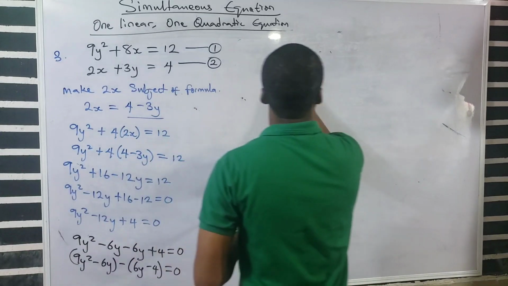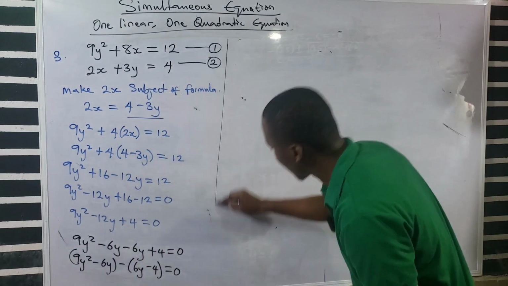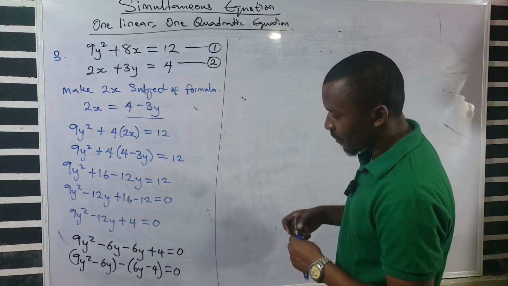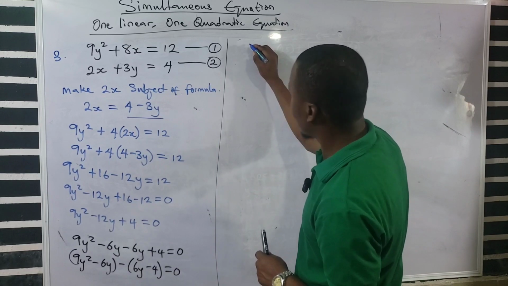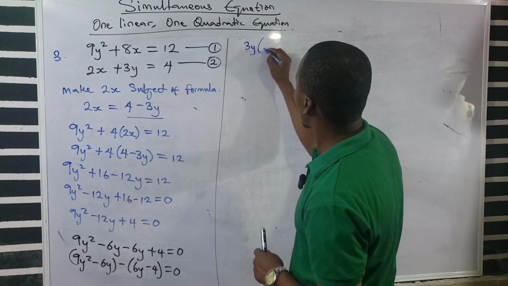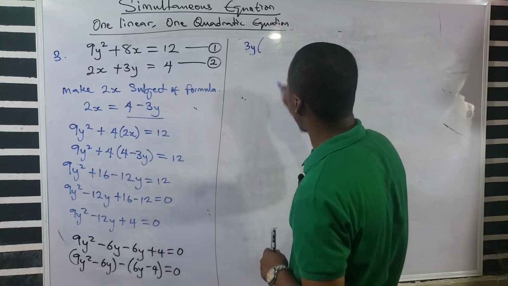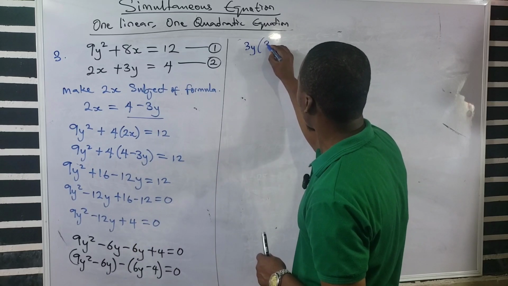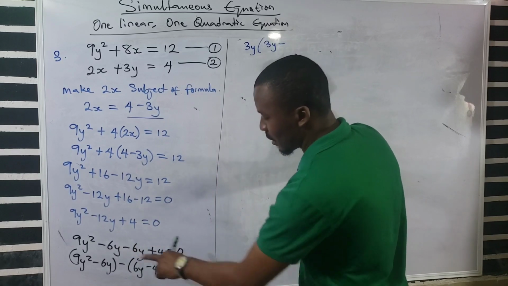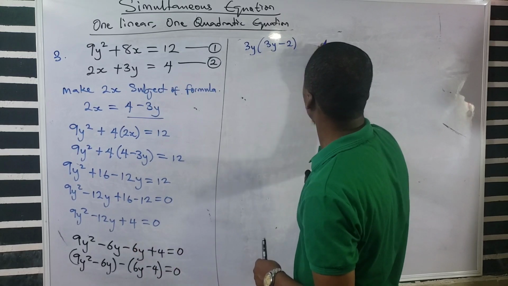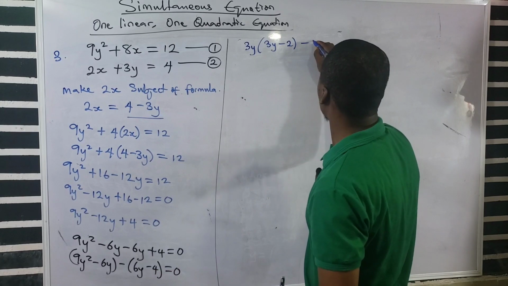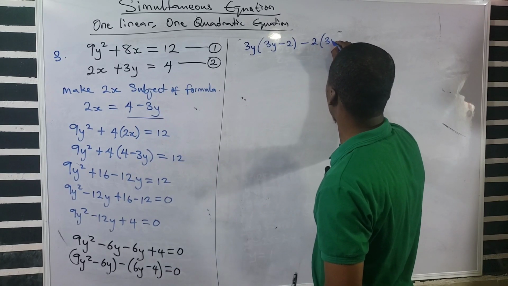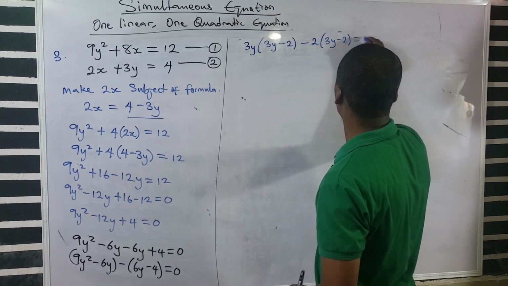Okay, so let's partition this board. From down there, we have 3y as being common. So when you bring it out, 3y divided by y, 9y squared, you have 3y minus, divide there, you have 2 minus, do the same thing here, 2 is common. So when you bring 2 outside, you have 3y minus 2 equal to 0.